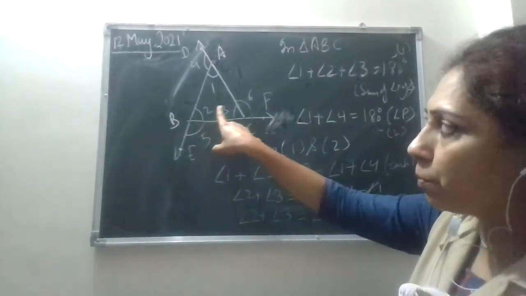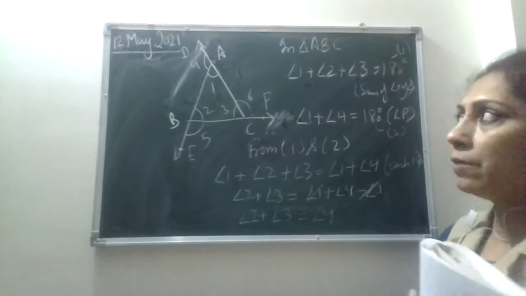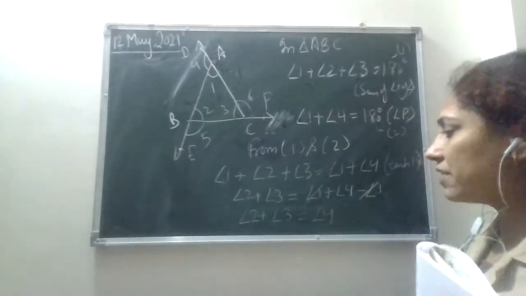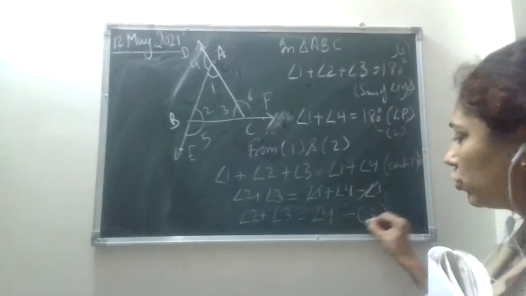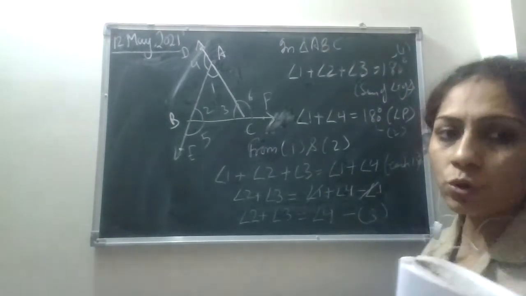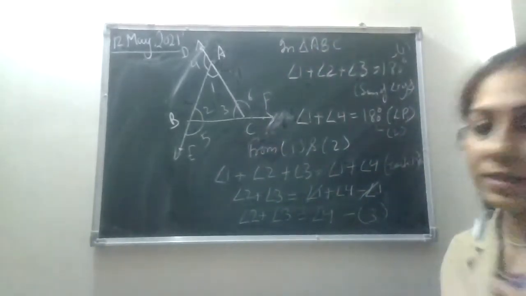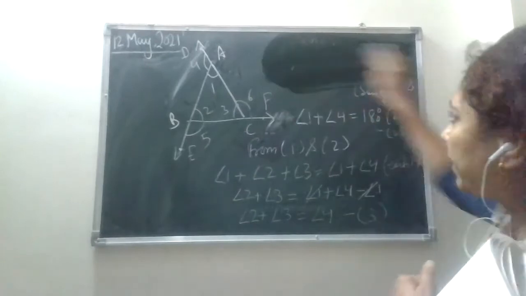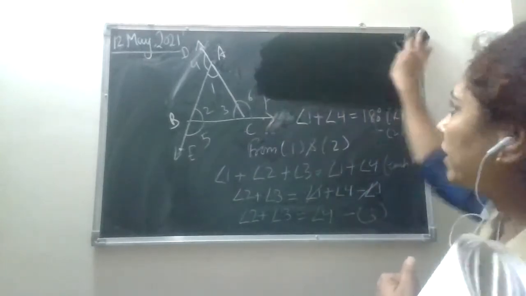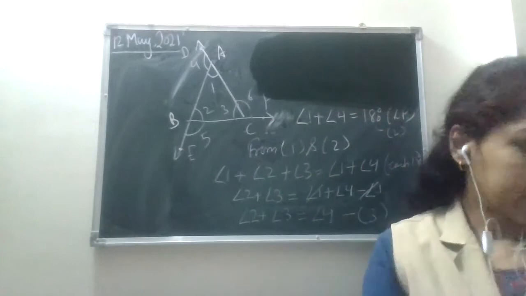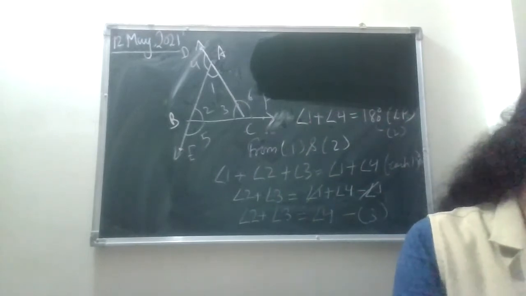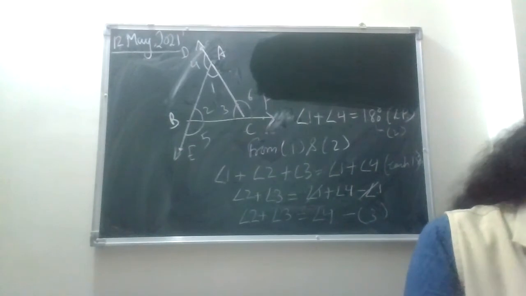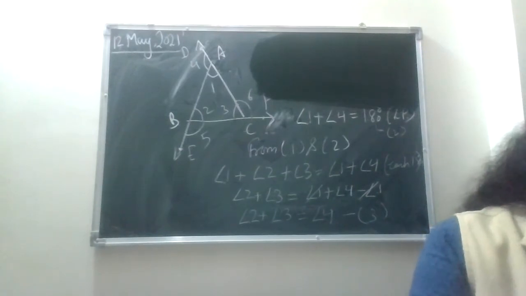Now you'll be wondering, angle 2 plus angle 3 is equal to angle 4. So what does it mean? This new result has come to you, the sum of two opposite interior angles. The next property is coming your way. I'm erasing this one and writing the property over here. Very important property.